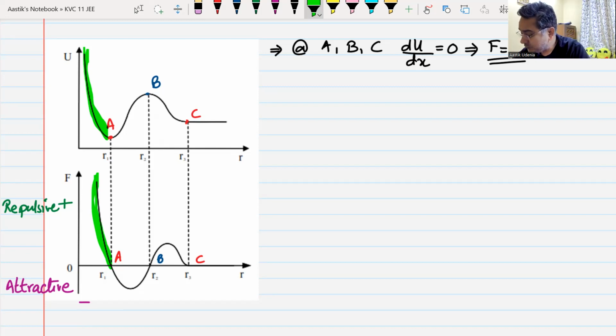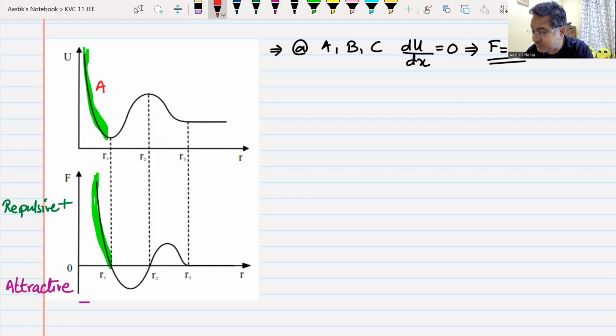Let me name the points differently, so that it is according to the diagram that I have drawn.